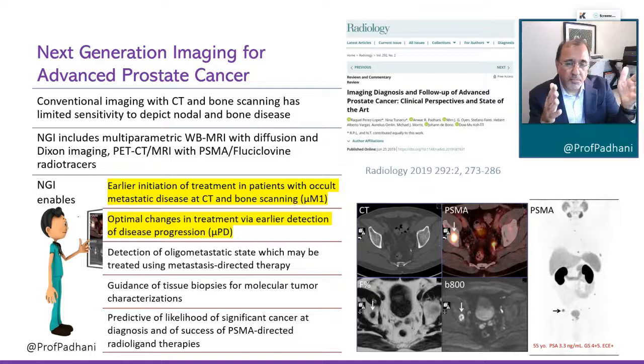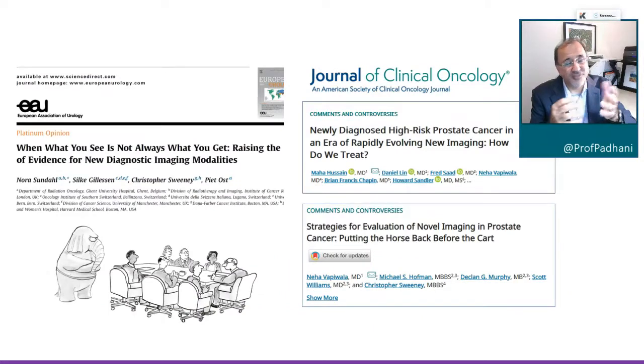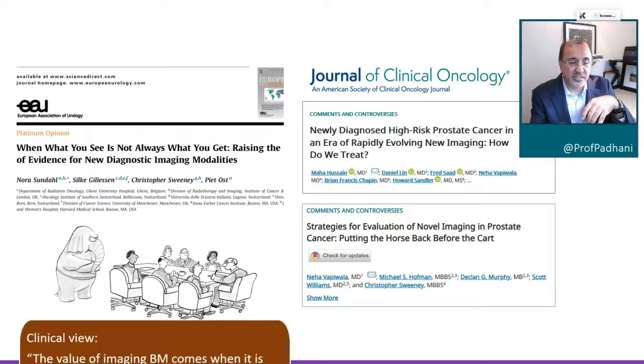Now, both of these statements are making a claim that patients are better off using next generation imaging technologies. But in fact, there's been a lot of pushback from our clinical colleagues regarding statements like this.